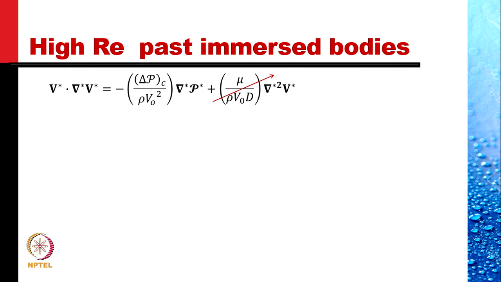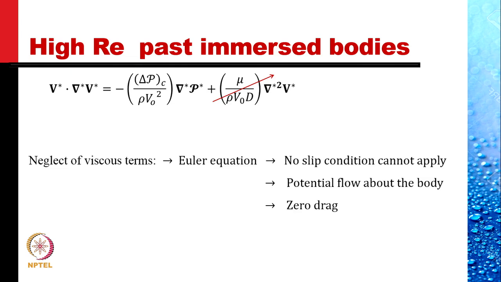So when we look for high Reynolds number flow, mu divided by rho V naught d, the inverse of Reynolds number, is small. So for high Reynolds number, the viscous term can be dropped.